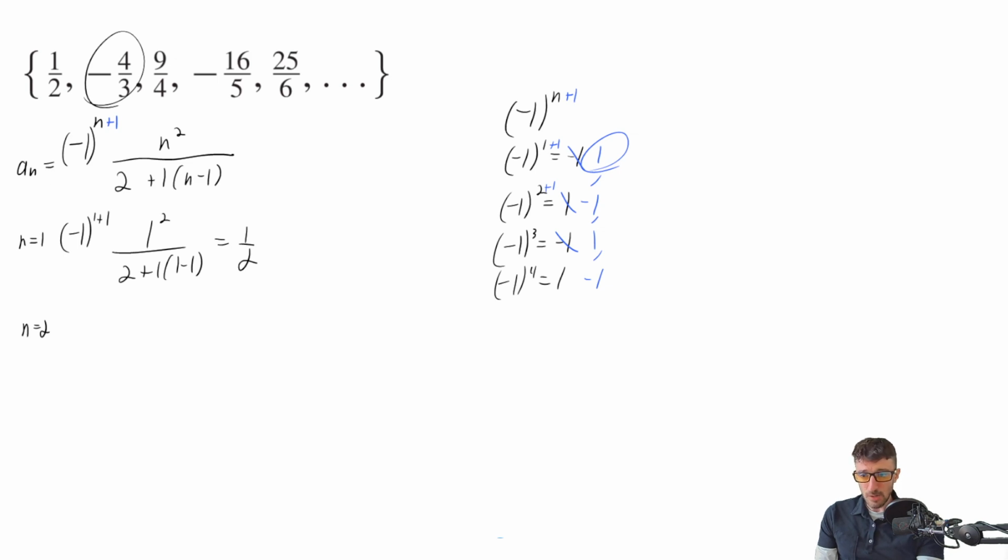But anyway, we're going to see this idea of an alternator, -1 to the n, -1 to the n + 1. It's going to show up a lot as we get into series, and that's coming up soon. All right, that wraps up video number 2 in our sequences and series playlist.